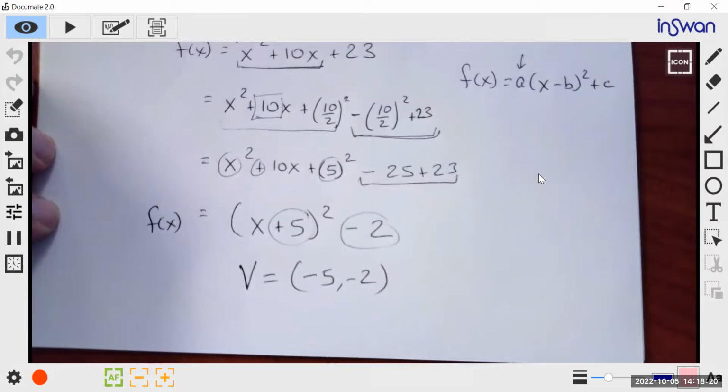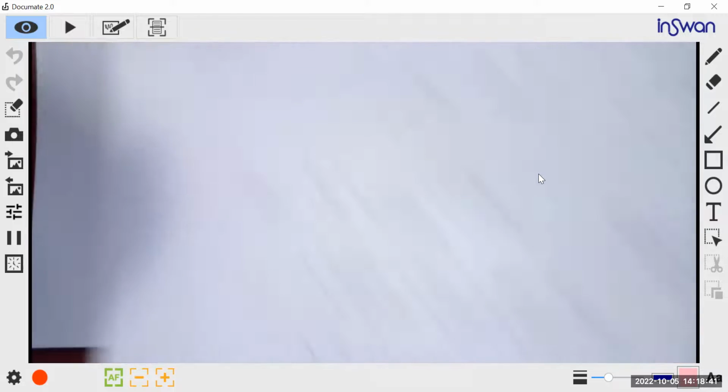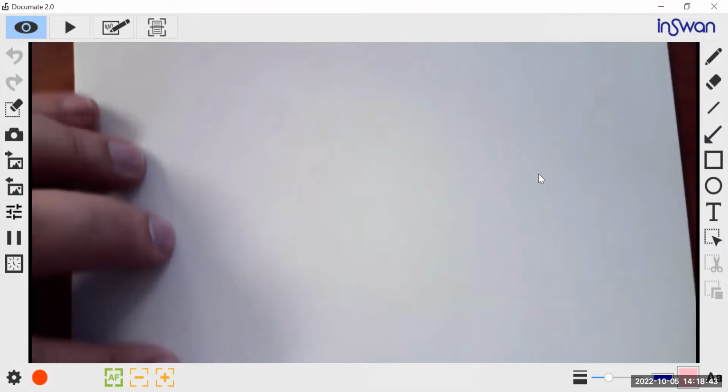Let me find another equation here. So it'll work, we try it both ways. Oh, I'll pick one. Let's try another one. We'll do it both ways. I'll make one up.